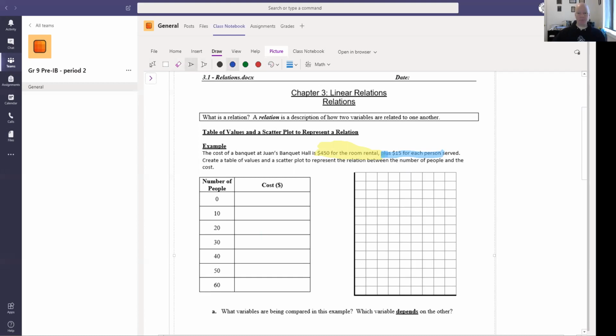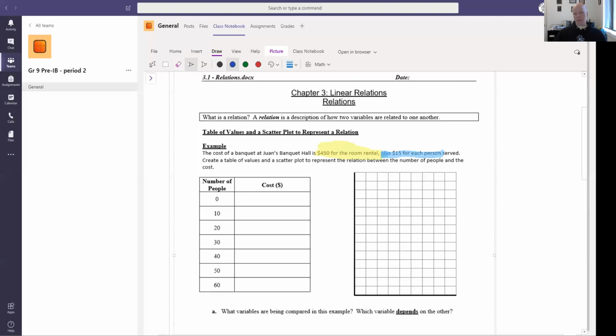Well, it says up here, $450 for the room rental. And so now why might a place charge $450 just to rent the room in general? So think about that for a second. You might even want to pause the video for a second and think about why there is a rental fee or a reservation fee that you might want to call it, and in this case $450.